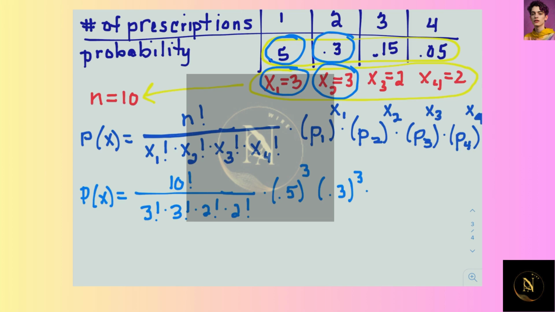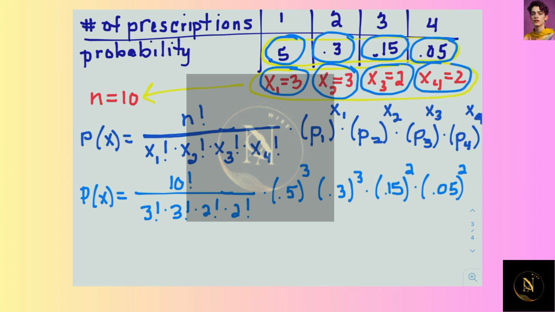Then we multiply it by 0.15 raised to the second power, because this is the probability of the third event, and this is how many we were seeking, and we multiply that by 0.05 raised to the second power, because this was the probability of the fourth event, and this is how many we were seeking.